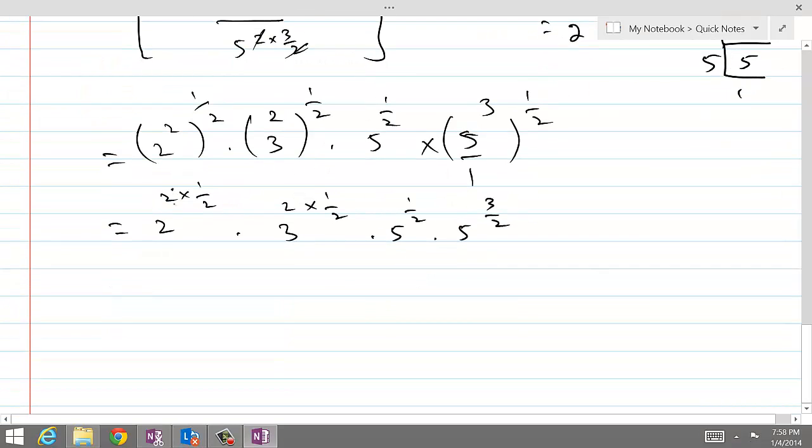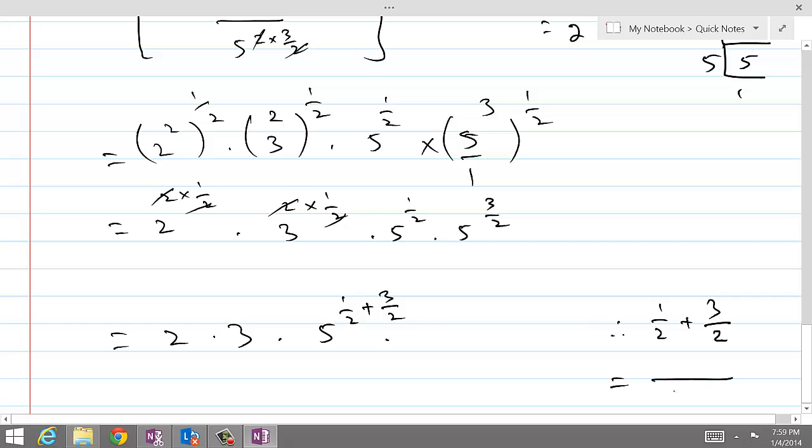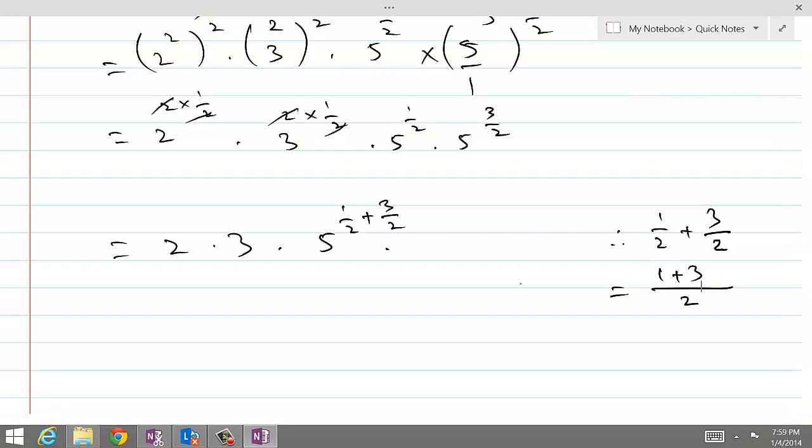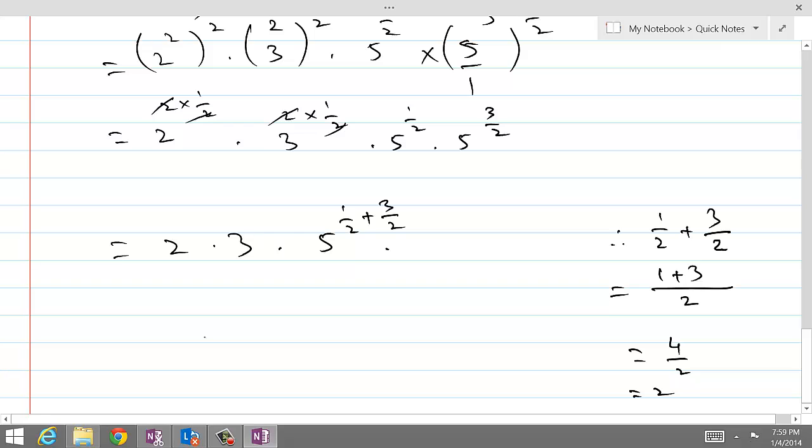This will become 2 is cancelled with this, cancelled with this, so 2 times 3 times 5 power 1 over 2, and this is 3 by 2, so we can add the powers, 1 over 2 plus 3 over 2. The denominator is the same, and I add the numerators, 1 plus 3, so this becomes 4 over 2, which is equal to 2.